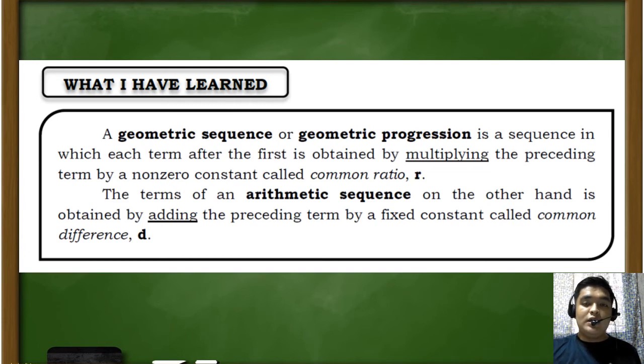The geometric sequence is multiplying. The arithmetic is adding. And the fixed constant in the geometric sequence is called the common ratio, while in the arithmetic sequence it is the common difference.